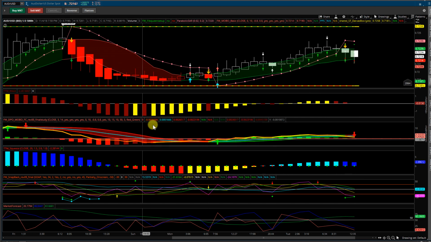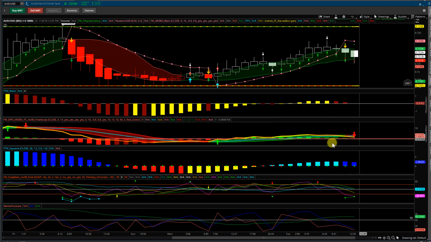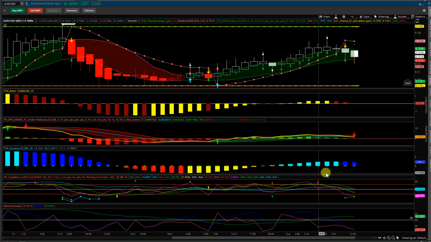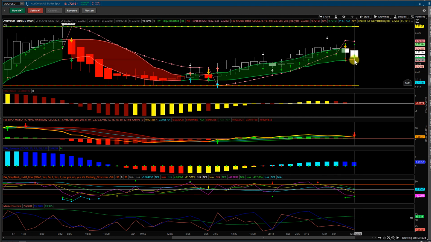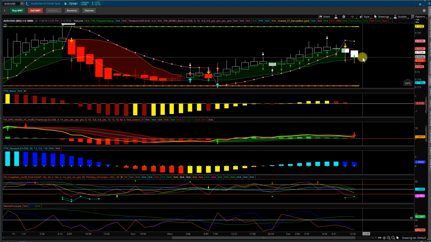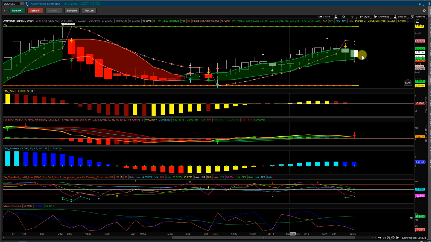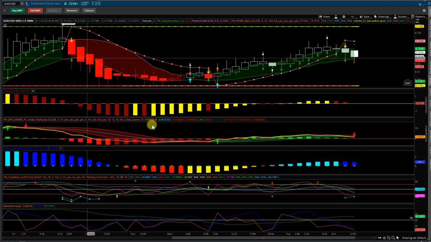There's a science behind all this. It's not just a bunch of colors. Everything is showing something. So if you follow it without letting your emotions get in, you'll make some good scalps. But everything has to line up, and you have to follow the rules. So far, this is what I've been using for scalping.